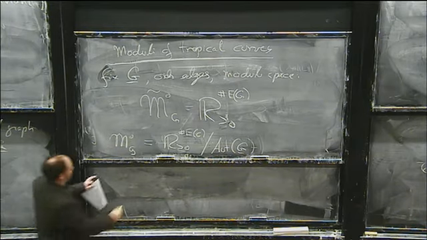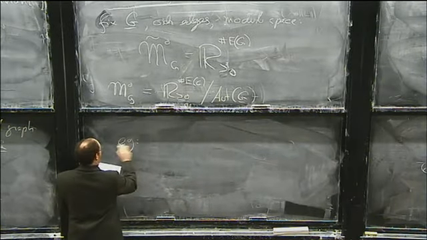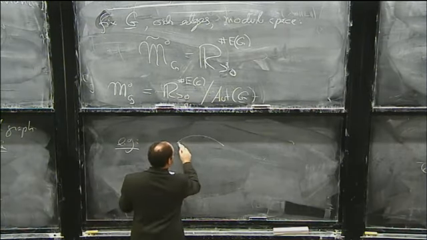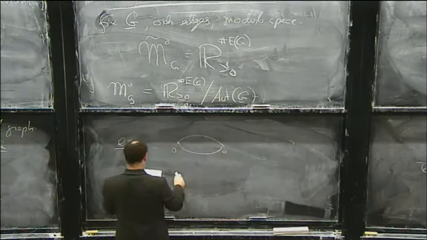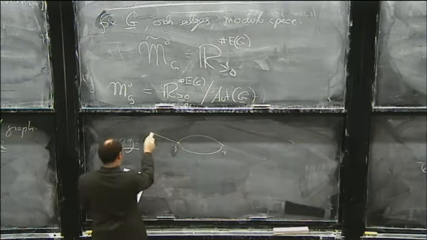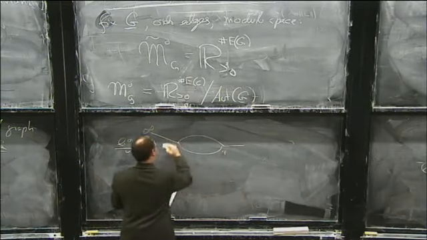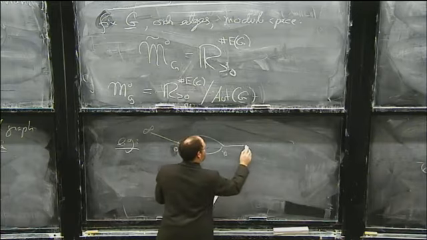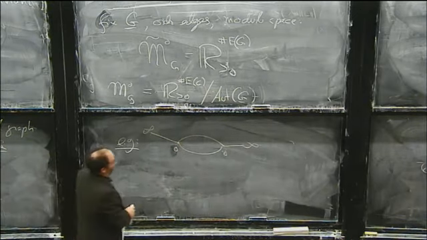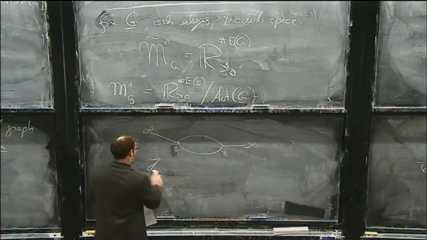So let's just look at an example. Let's take this example. Let's put a 1 here so that we don't worry about. I could have put, let's put a 0. So what's the automorphism group of this graph? The automorphism group is Z mod 2 squared.